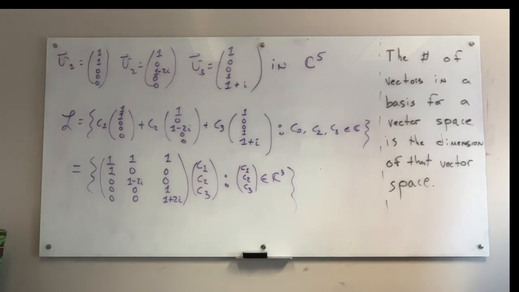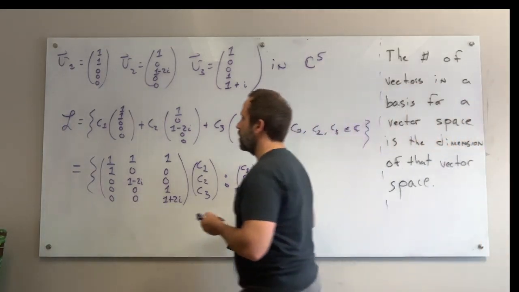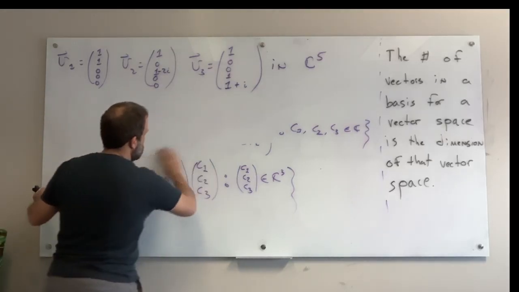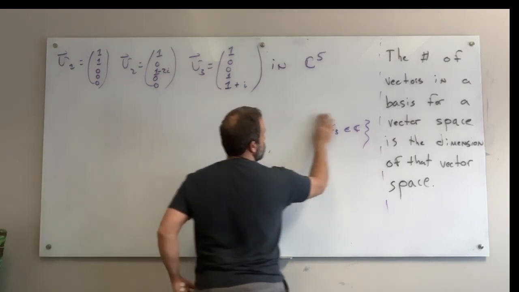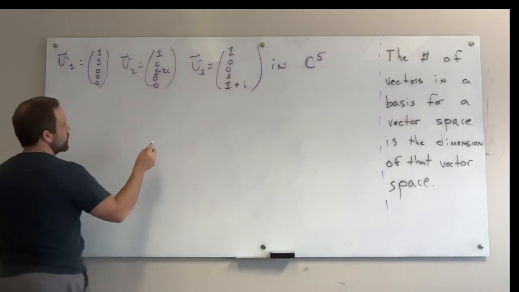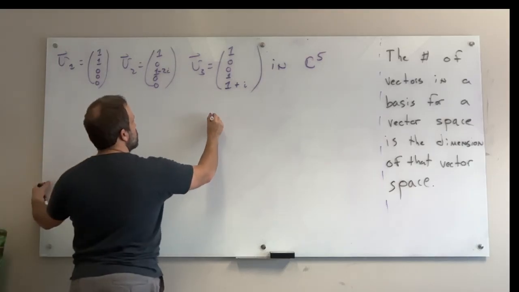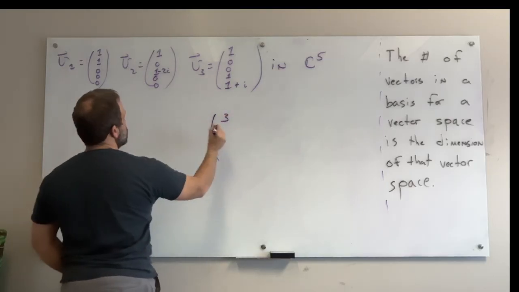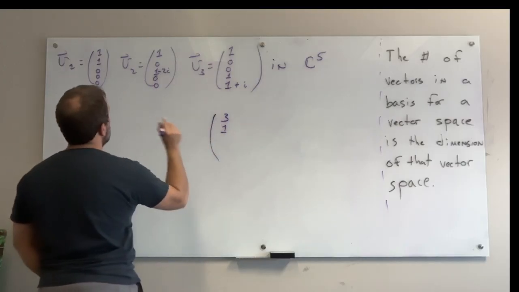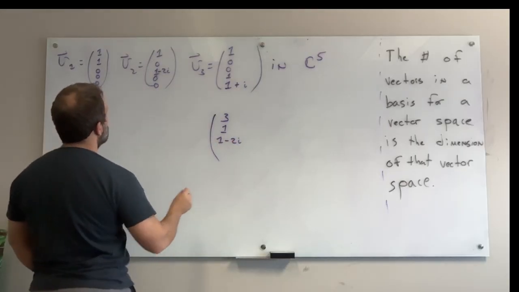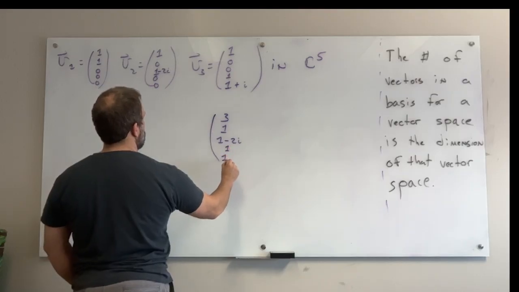Okay, so now one of the things that we want to do is, let's say we have these three vectors, and we have some other vector in C5. So let's say I've got the vector 3, 1, 1 minus 2i, 1, 1 plus i.